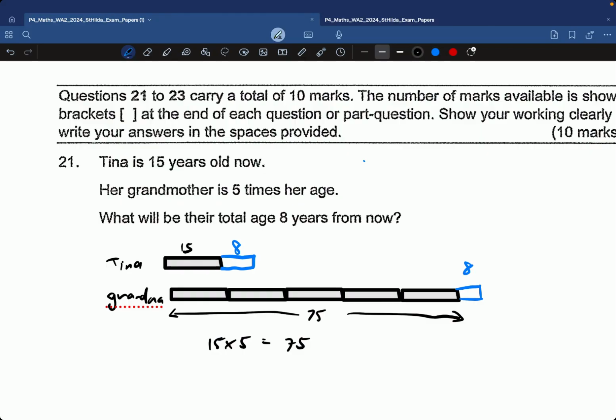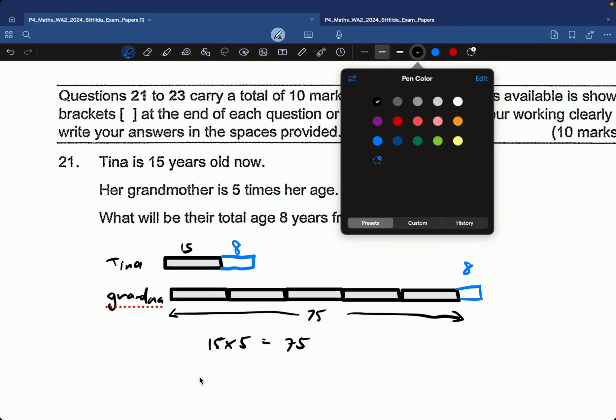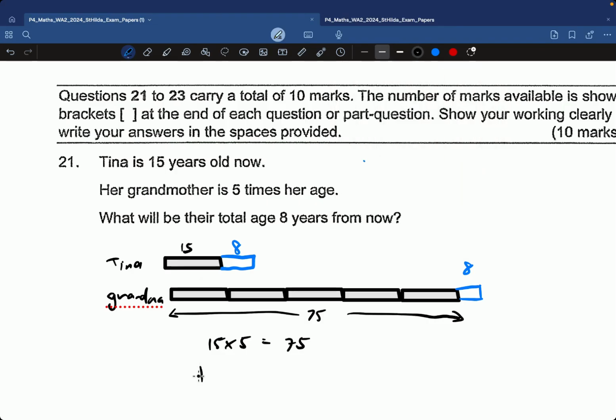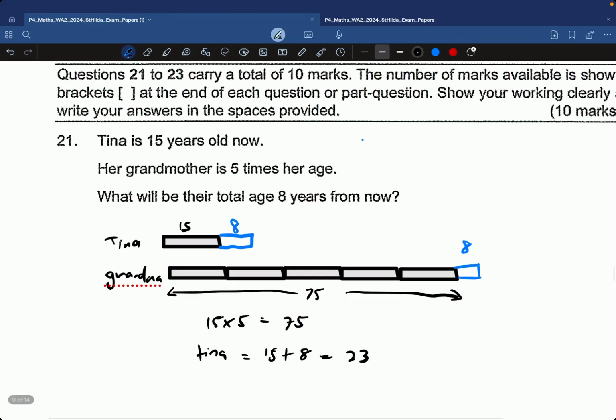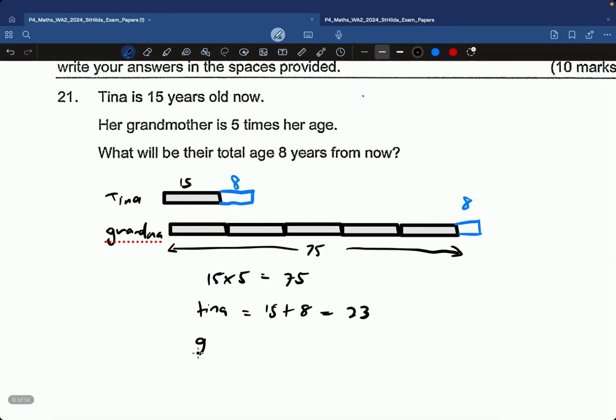So total age is basically, for example, Tina is equal to 15 plus 8, which is 23. And then the grandma, or the G, 75 plus 8 equal to 88. So this Tina and G in 8 years time, then we add them up. So total age is equal to 88 plus 23.